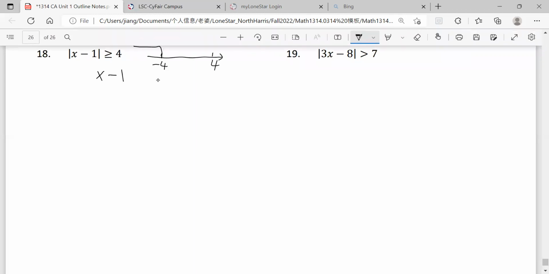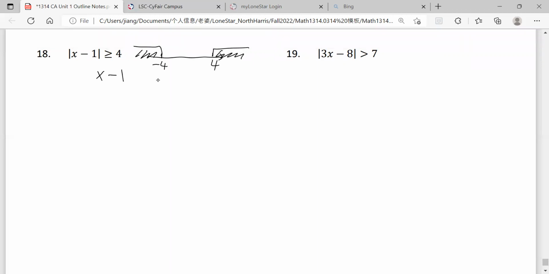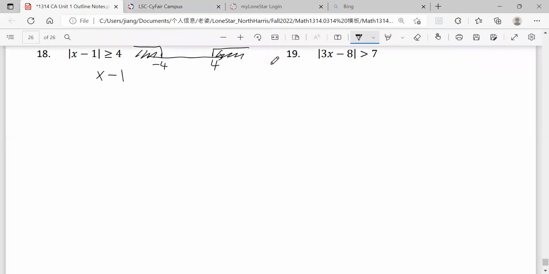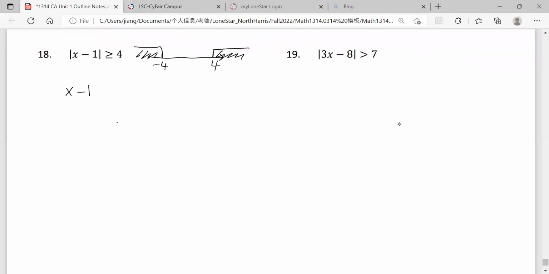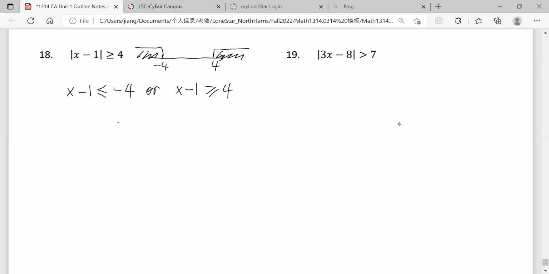So x minus 1 could be here, x minus 1 could be here. So we can write the interval in two parts. x minus 1 is less than or equal to -4, or x minus 1 is greater than or equal to 4. So solve them separately.